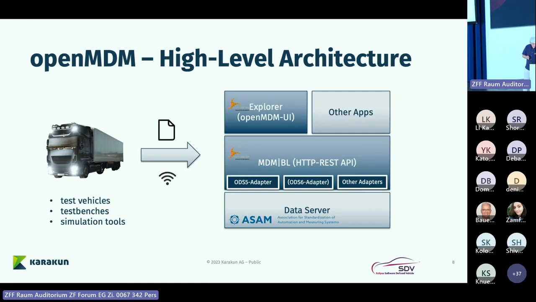Oh, sorry, I have to go back one slide. Currently, the only way to get data into OpenMDM is by means of files. That is the current standard way. You have some data file which you want to manage, and you import it into the data server.